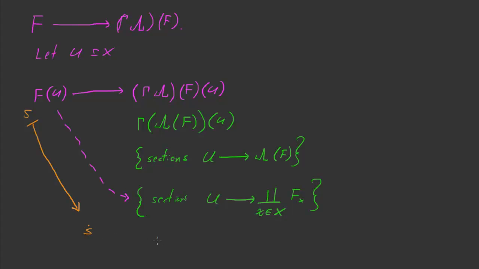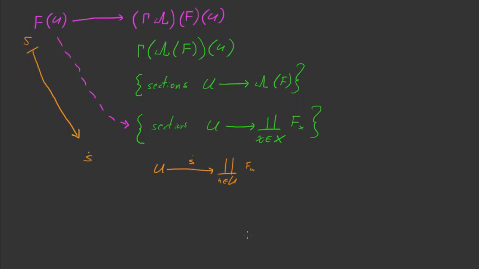Just to briefly recall, s dot is the map going from the points u inside of U, and what it does is send the point u to the image of s in the stalk at u.